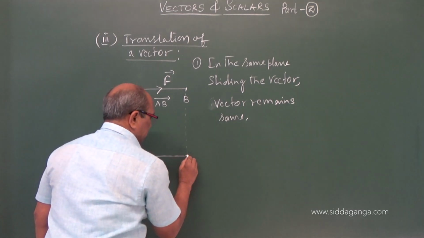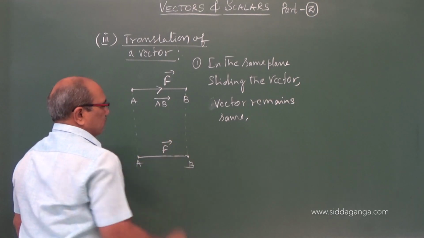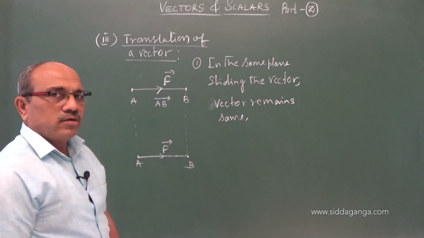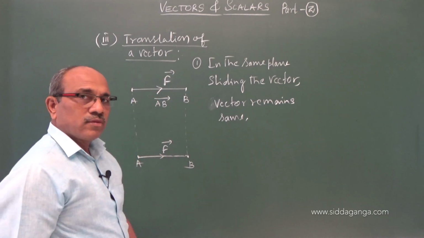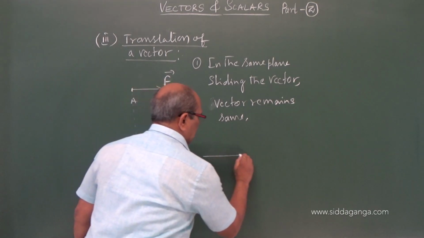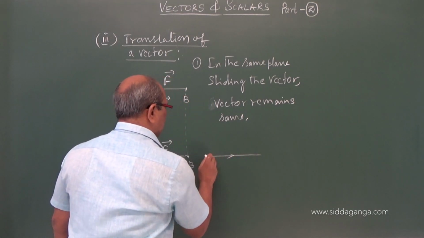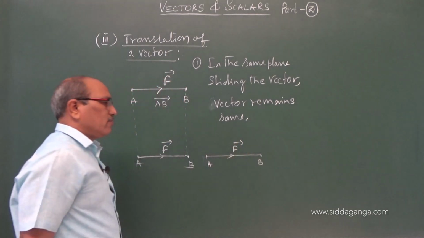Now this is the AB. Now again AB is here, this is the vector F with the arrow mark. Both have no change in direction, the same is there. Or I can slide it towards this side, like here. If I slide rightward with the same magnitude AB, now this is also F.